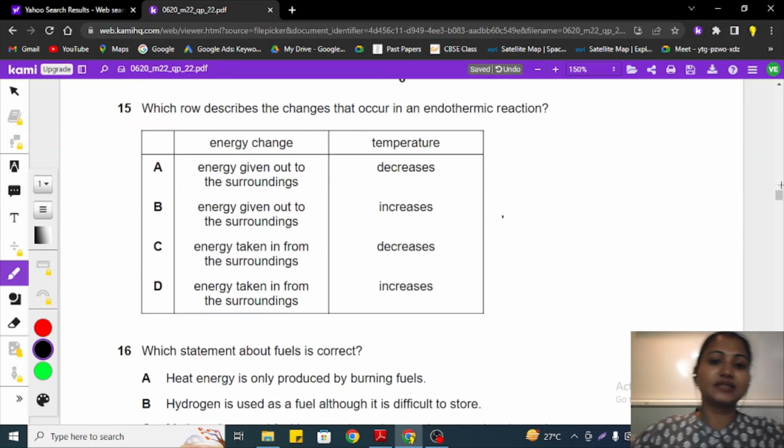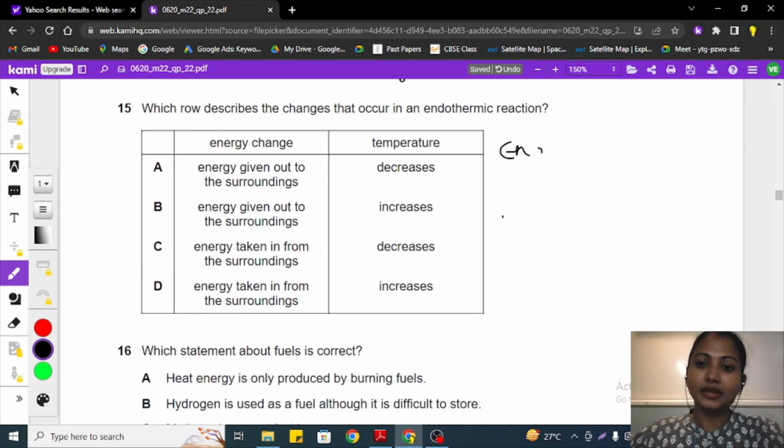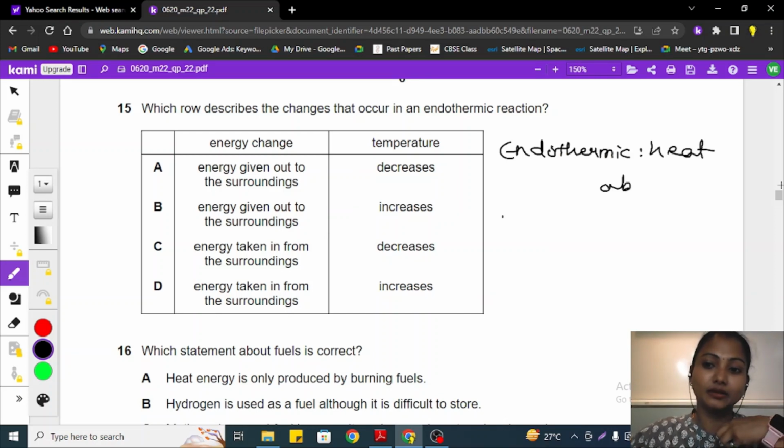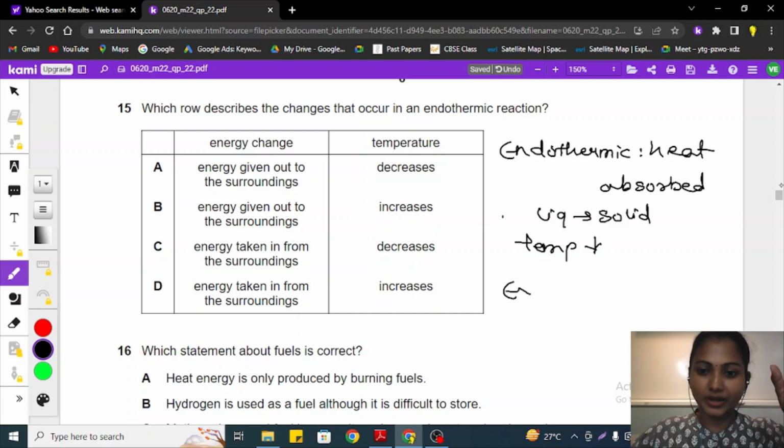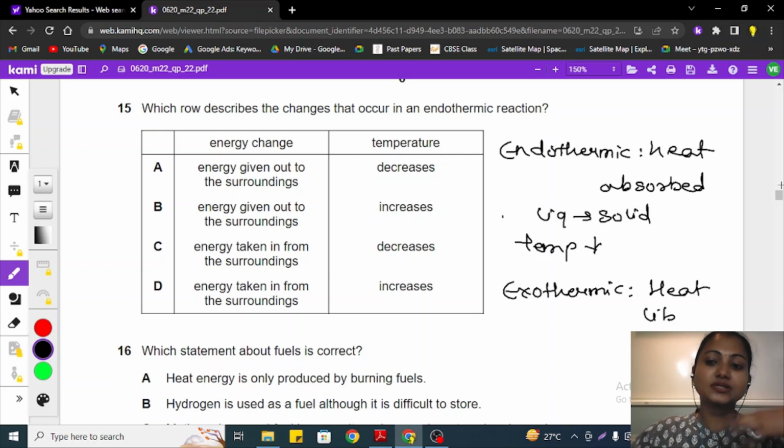Let's move to the next question, 15. It is an endothermic reaction. In an endothermic reaction, the heat is absorbed from the surroundings. It is taken in. And always the temperature decreases. Whereas in an exothermic reaction, the heat is liberated. It is given out to the environment, to the surroundings.